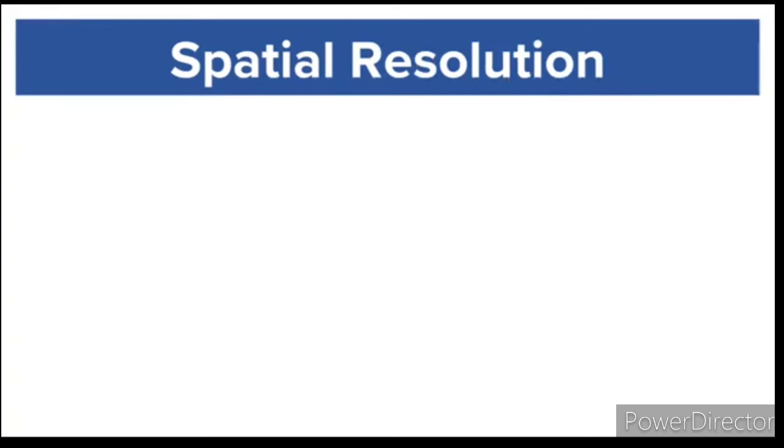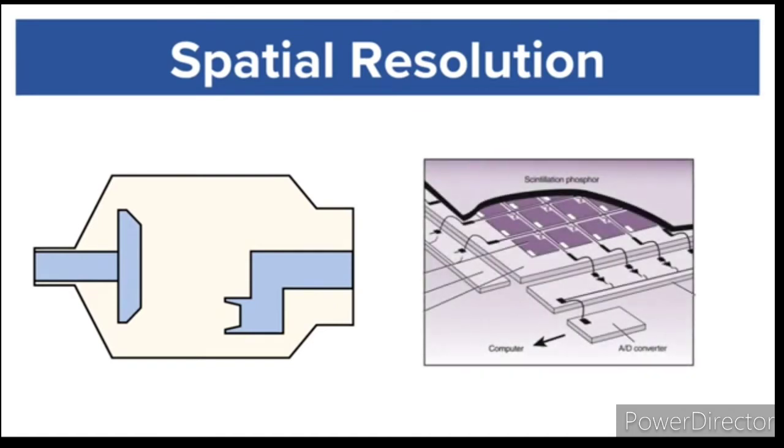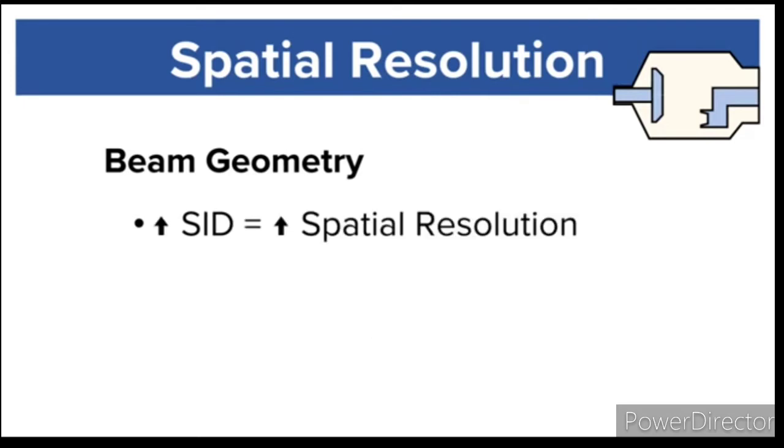Spatial resolution is affected by factors that happen before X-rays hit the image receptor and factors that happen after X-rays hit the image receptor. Factors that happen before X-rays hit the image receptor are things affecting beam geometry, such as SID, OID, and effective focal spot.